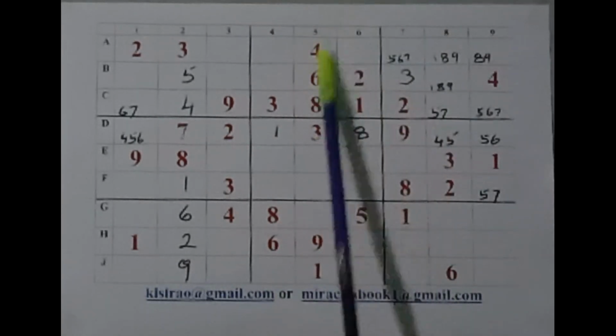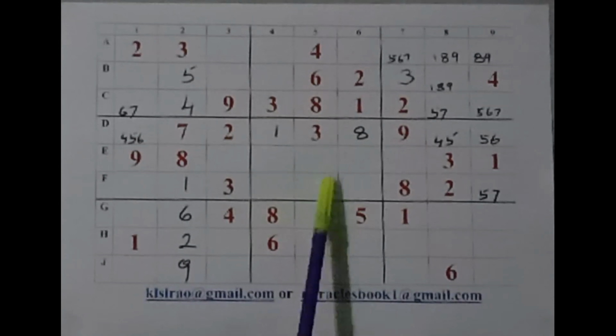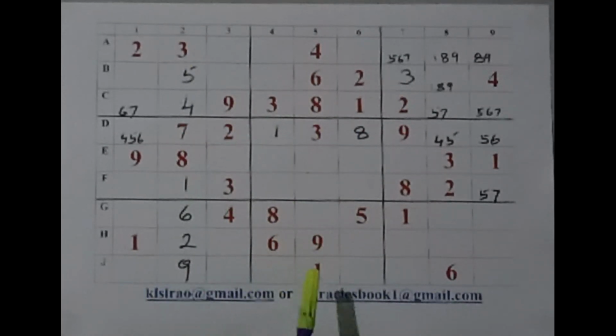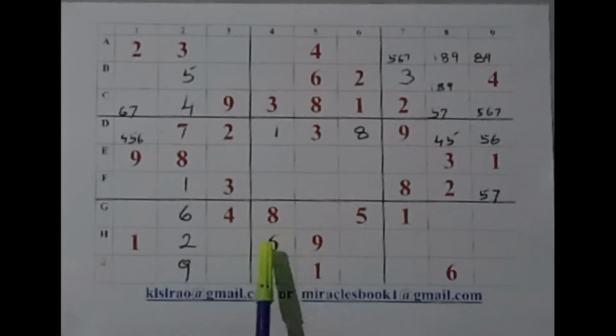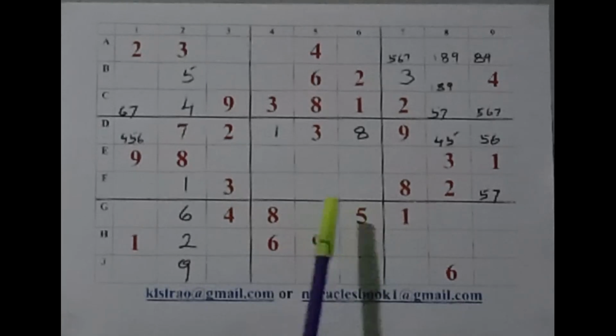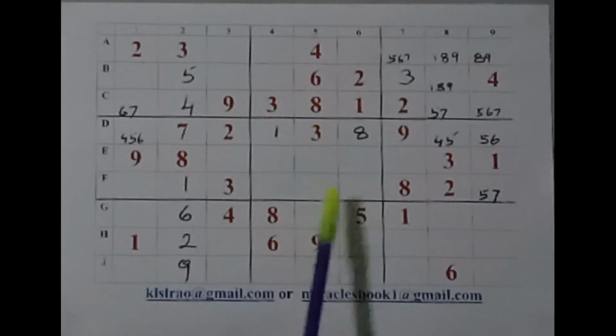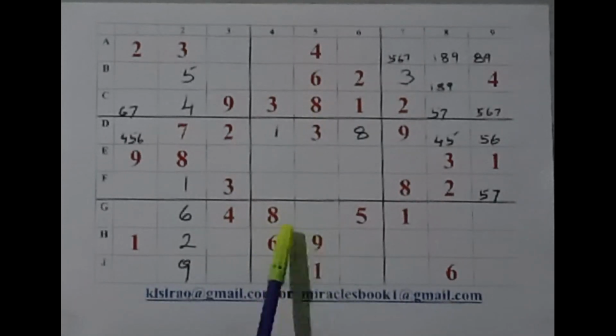Now let us fill this column. Number 5. We have 3 vacancies there. So, what are the 3 numbers which will come? We have this 5 here. We require 2, 5 and 7. Okay.